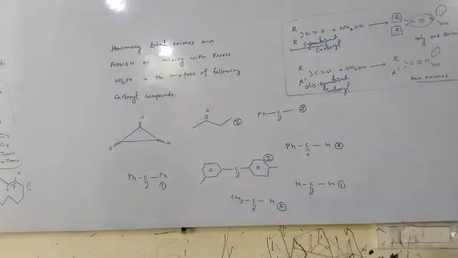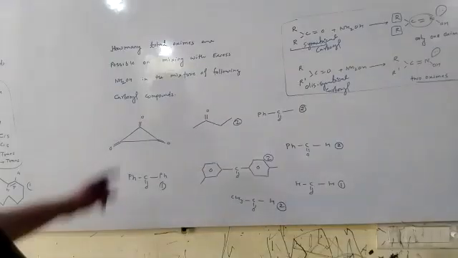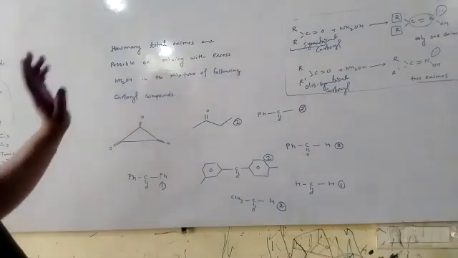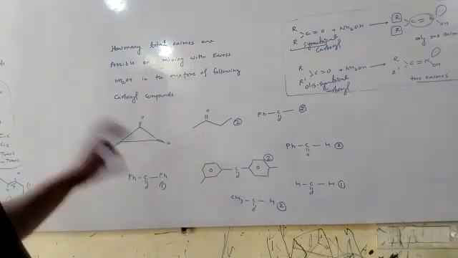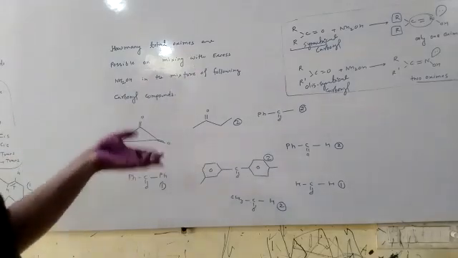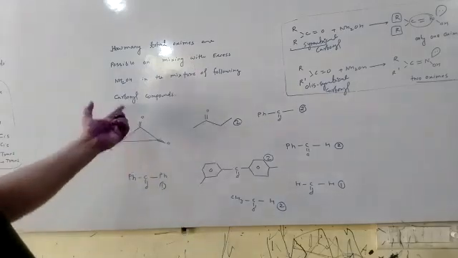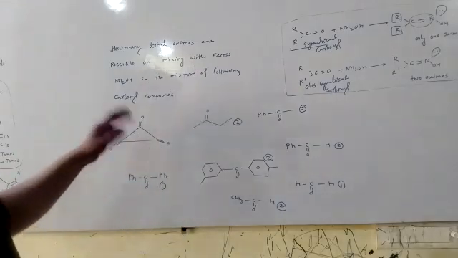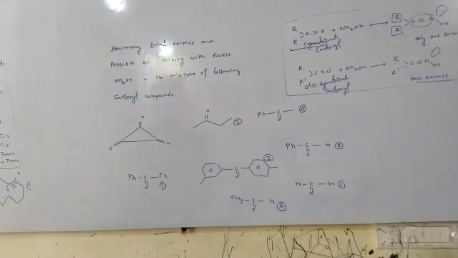That's why I have written here excess NH2OH. It means you are counting that in one molecule only one CO will react, in another two CO will react, and in another all three CO will react. This will not be the case, because all three will react simultaneously.